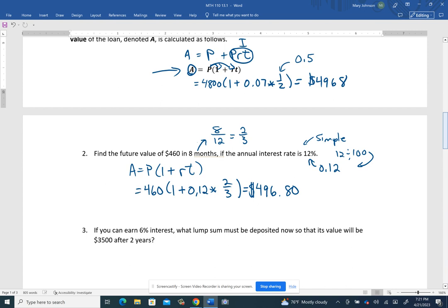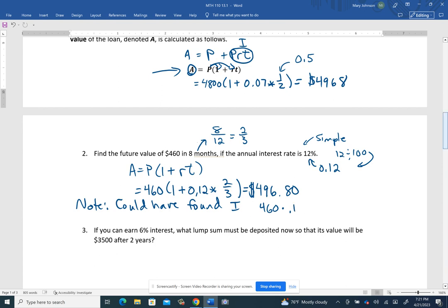Now, again, you could have just found the interest, I, by doing the principal times the rate. Oops, that was the previous problem. This one's 12%.